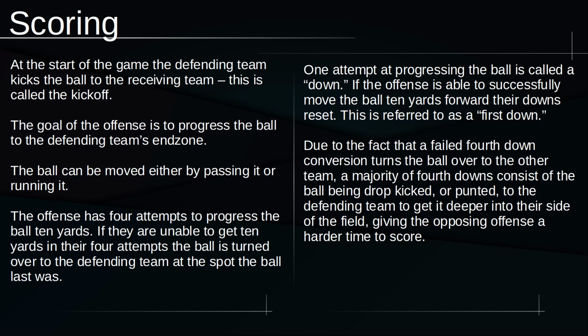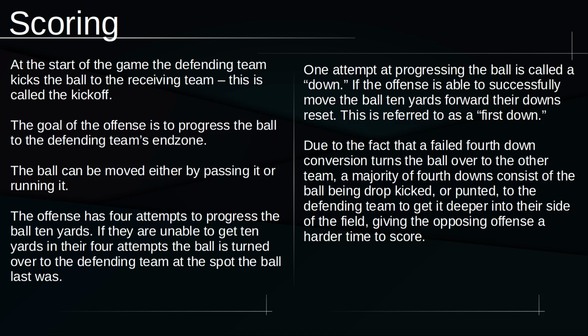The offense has 4 attempts to progress the ball 10 yards. If they are unable to get 10 yards in their 4 attempts, the ball is turned over to the defending team at the spot the ball last was.